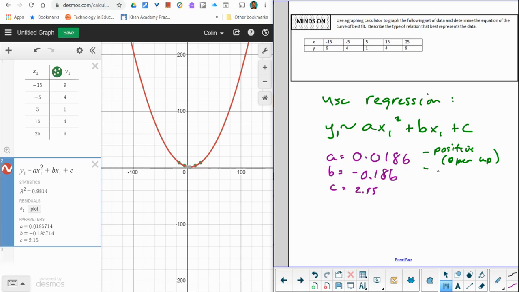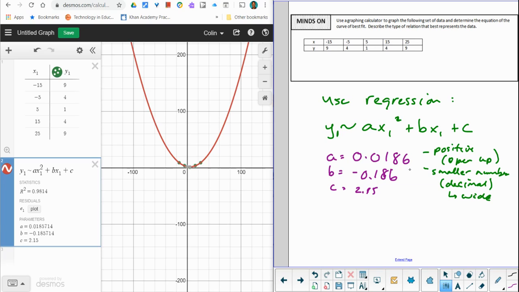It's a small number, like a decimal. That means it is wide, very wide, as opposed to narrow.